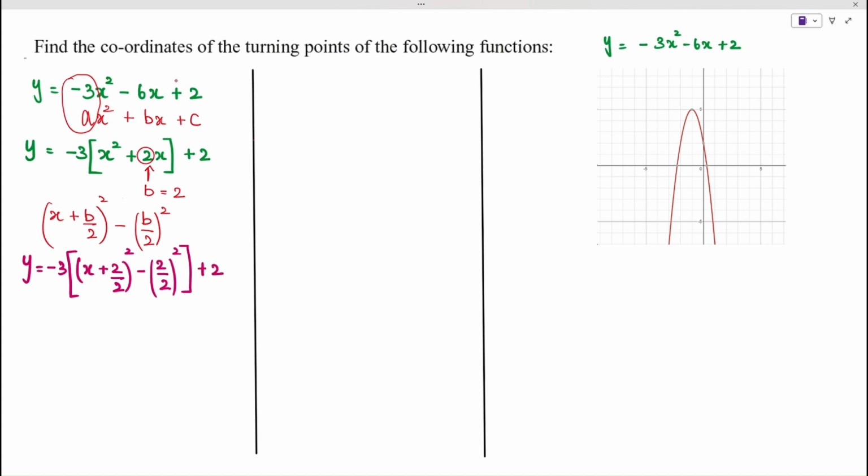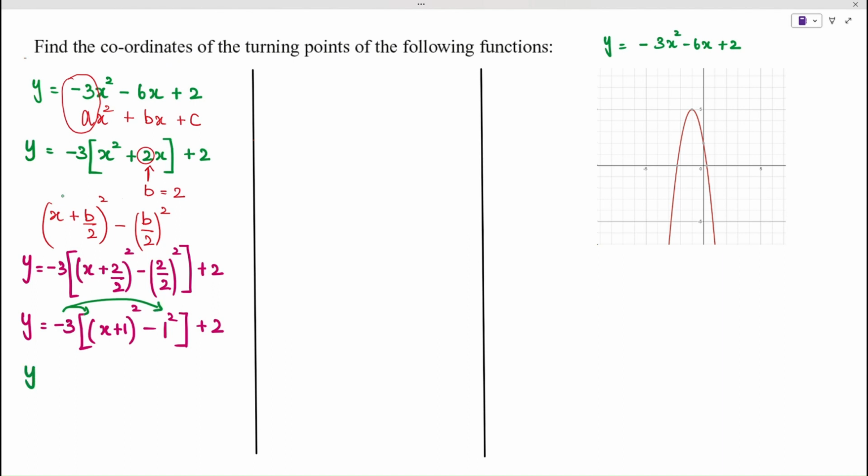And now what we can do is we can simplify our fractions. So we get y is equal to minus 3. In the square brackets we have x plus 1 the whole squared minus 1 squared. Close our brackets and we do plus 2. And so now what we're going to do is we're going to multiply minus 3 into our square brackets.